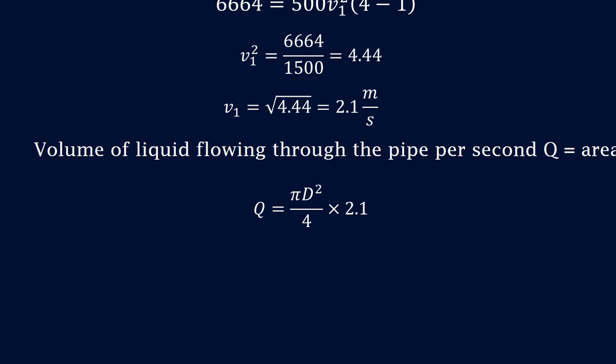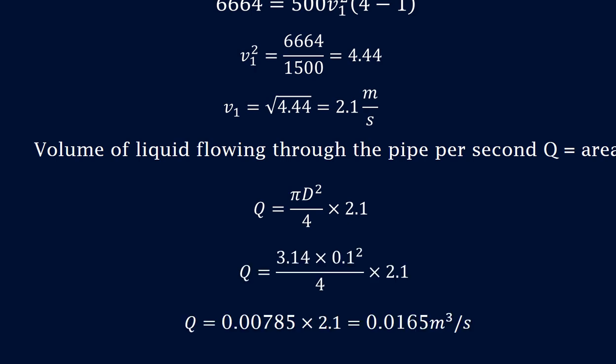Therefore, Q = pi D^2/4 x 2.1. Substituting the values and simplifying further, we get Q = 0.0165 cubic meters per second.